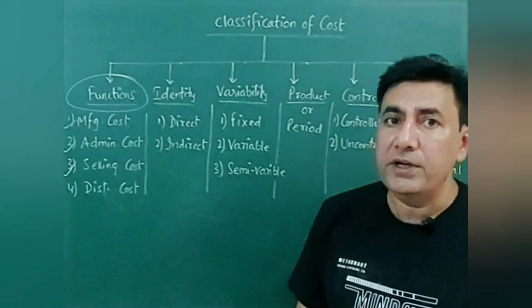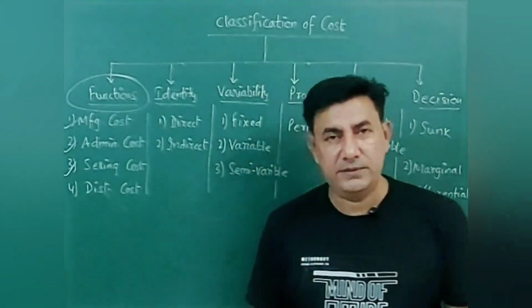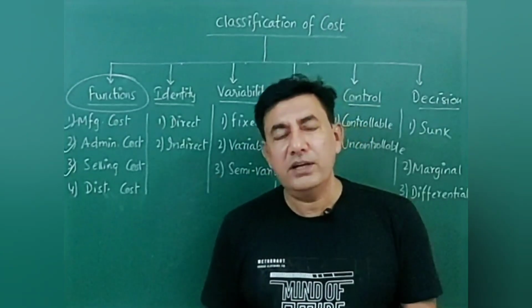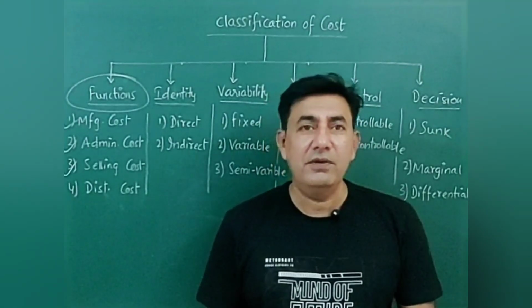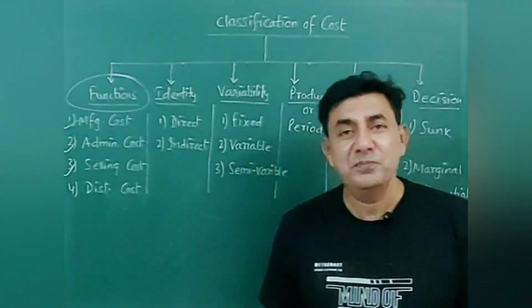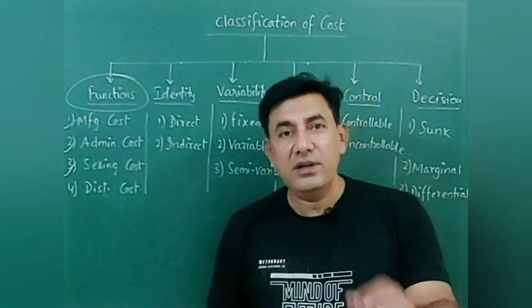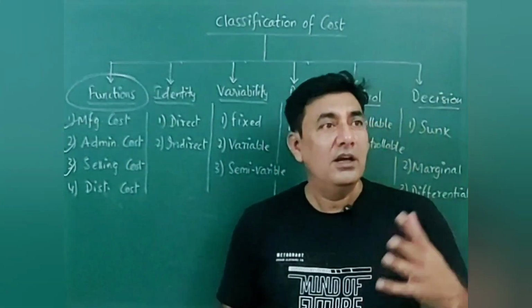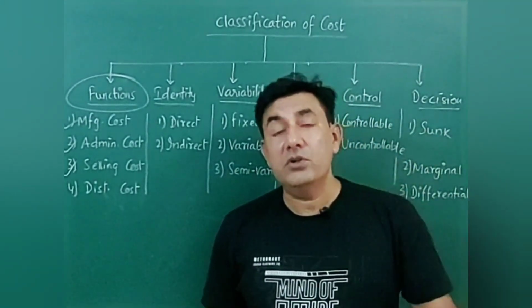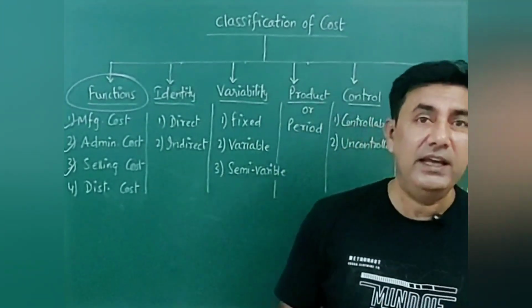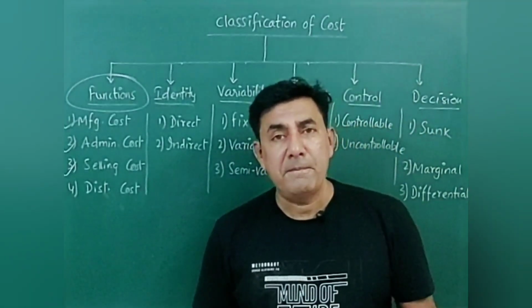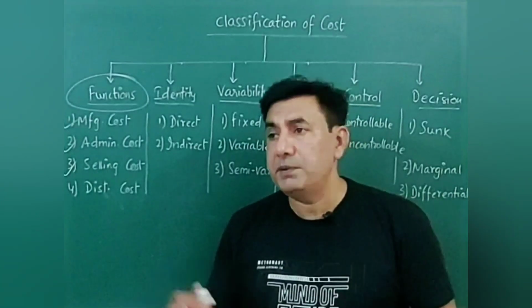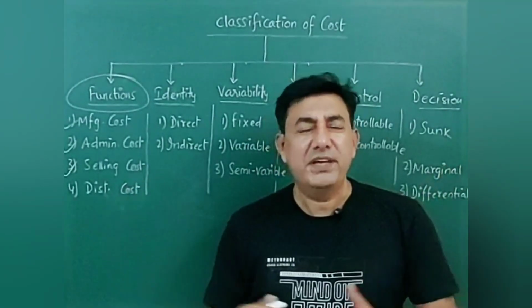Again, a very important cost, selling cost. Generally as a businessman you would like to sell your product or service, definitely, otherwise you won't be able to earn profits, no? So you have to incur some selling expenses like carriage on sales. You may be required to do some advertisement, again you need to spend money on that. You need to spend on propaganda, traveling expenses, conveyance, a lot of expenses.